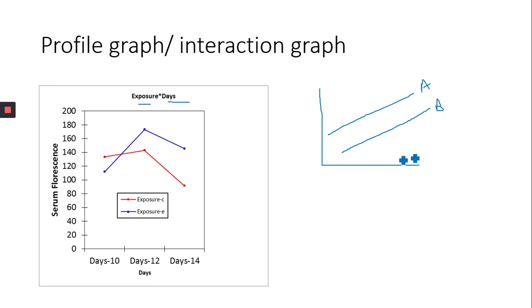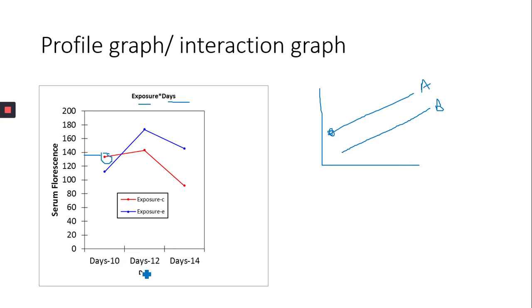What do we mean here? If you look at this level here, whatever happens to B does not have an influence on A. But look at the control. The control is at this level. The serum fluorescence is about 138 or so in day 10.